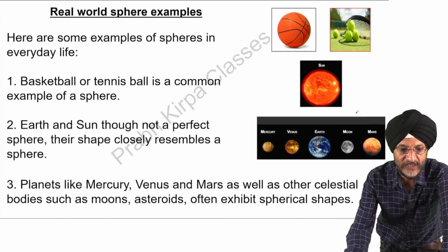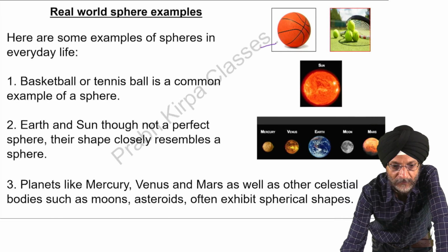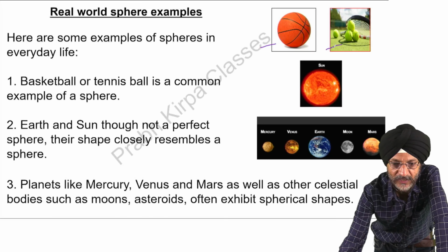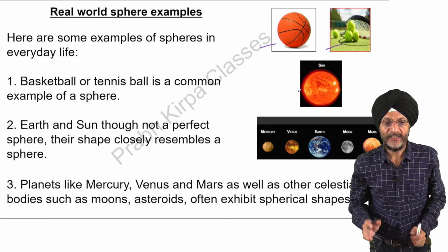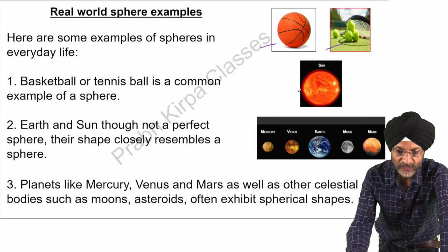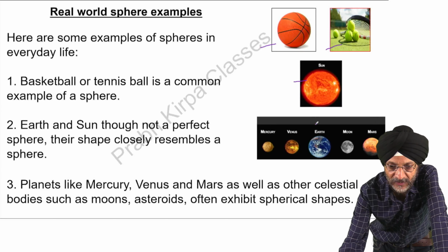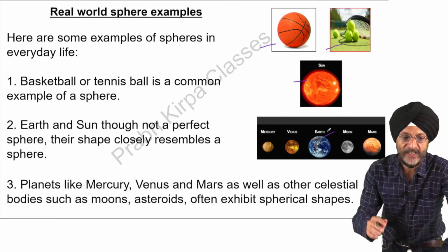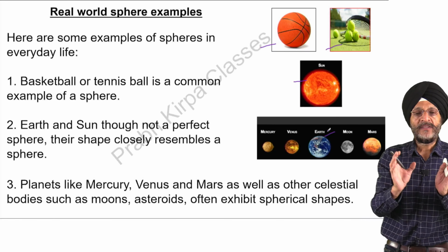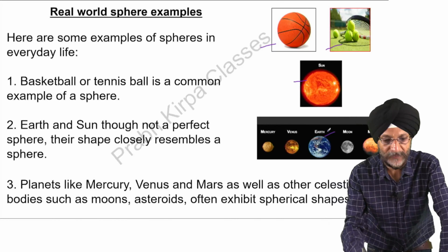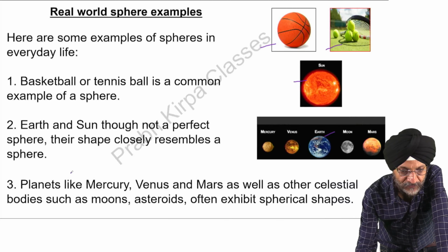You can see here that a basketball as well as a tennis ball is a common example of a sphere. The Sun and Earth, though they are not perfect spheres, have shapes that closely resemble a sphere.